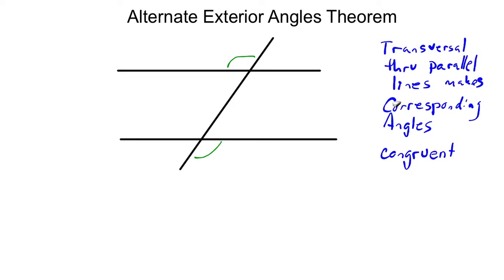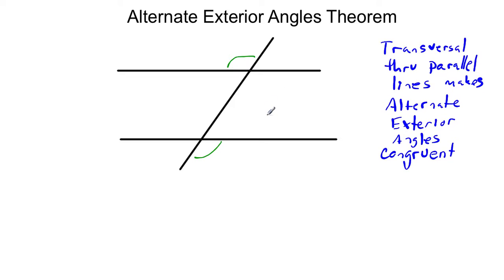So it's nice that I can just use that over and over again. So alternate exterior and alternate interior angles are going to be congruent when that transversal cuts through parallel lines.